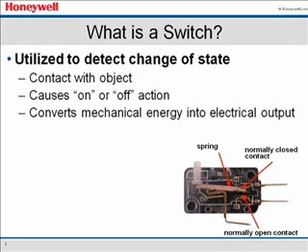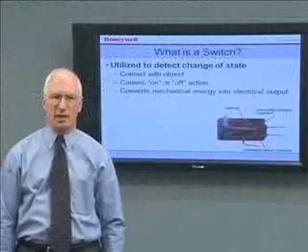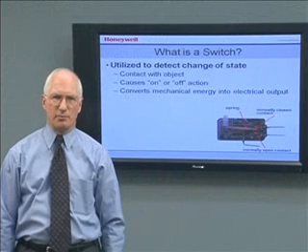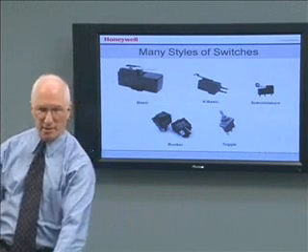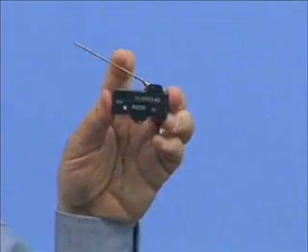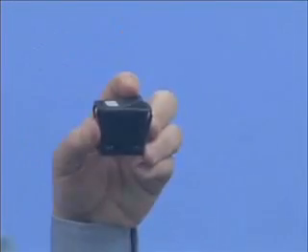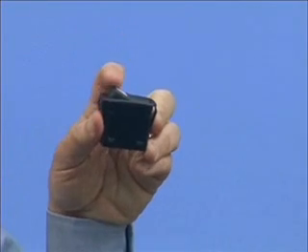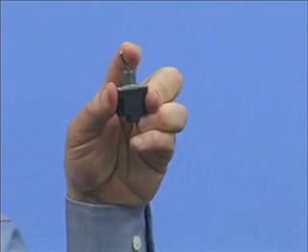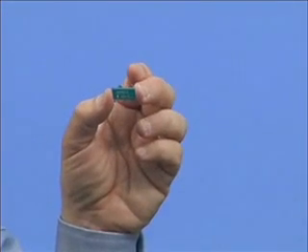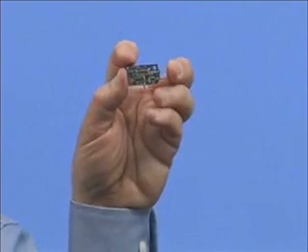Each switch contains a spring and a set of contacts that convert mechanical energy applied to an actuator into an electrical output. Switches come in many styles, such as basic, rocker, and toggle, and also in various shapes and sizes, such as subminiature and V-basic.